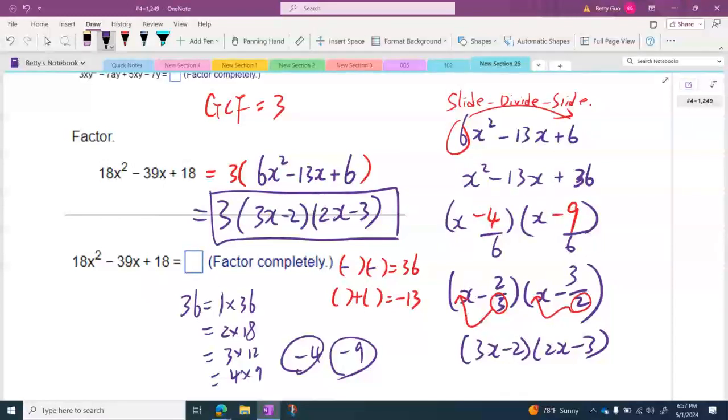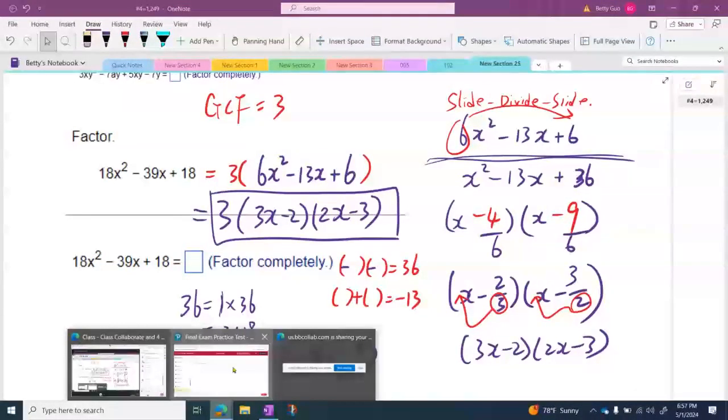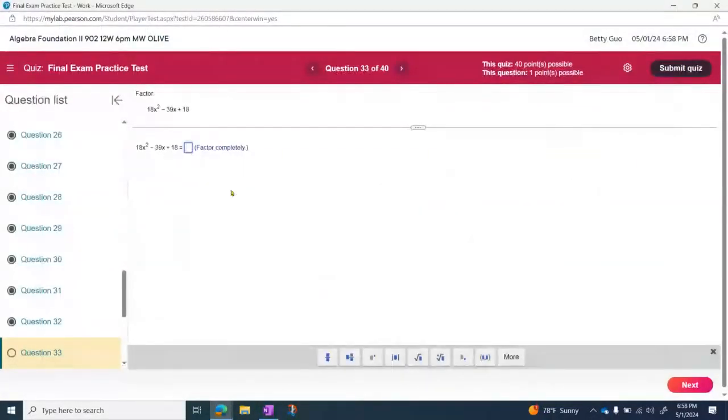But since we have this problem on the worksheet, I would say this is an easy problem. Let me type the answer. We have 3 times parentheses times parentheses: 3 times 3x minus 2 multiplied by 2x minus 3.